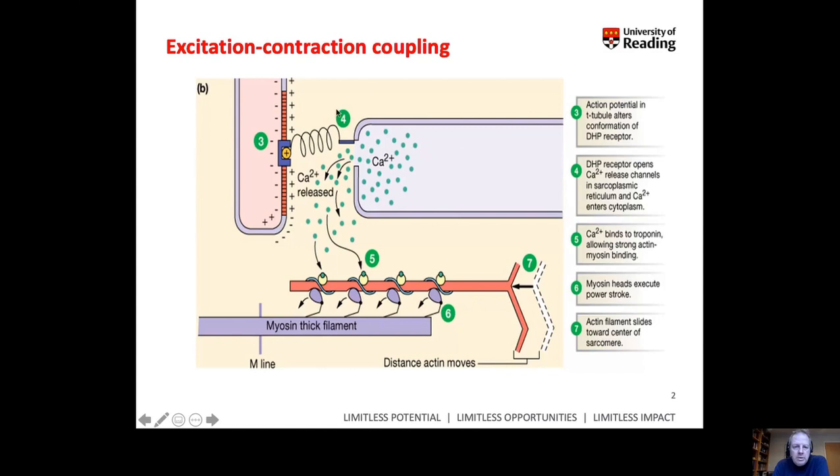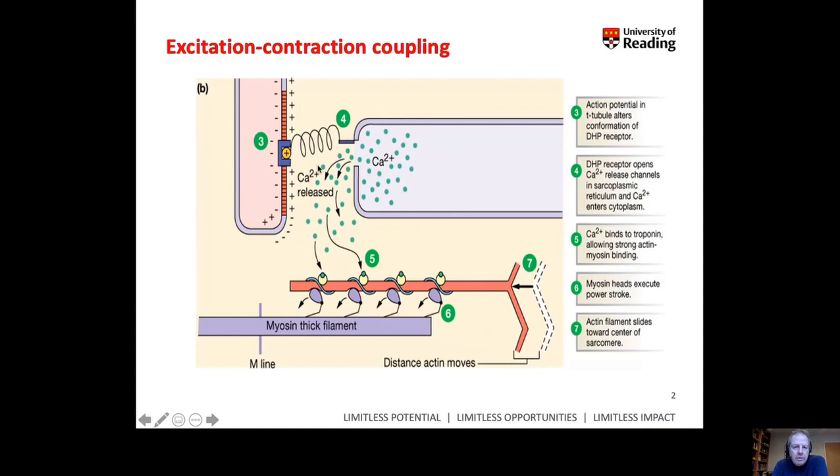The dihydropyridine receptor is a voltage gated calcium channel essentially, so the voltage alters the conformation, opens the calcium channel, calcium goes down its concentration gradient and triggers further release of calcium from these terminal cisternae.